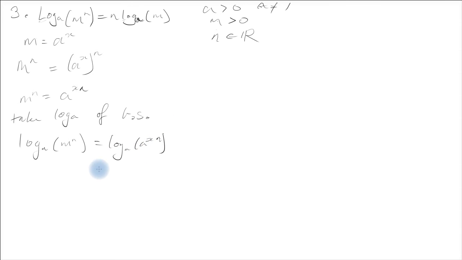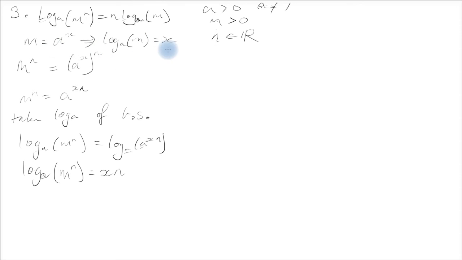Okay, so similar to before, we've got log to the base a and an exponential with a as the base, so they undo each other. So we've got log to the base a of m to the power n equals, undone, xn. Now, back to the very top point, I forgot to say that this implies log to the base a of m equals x. So I should have mentioned that.